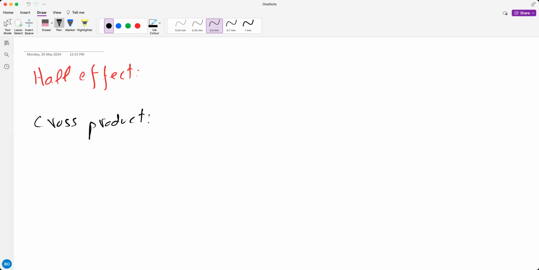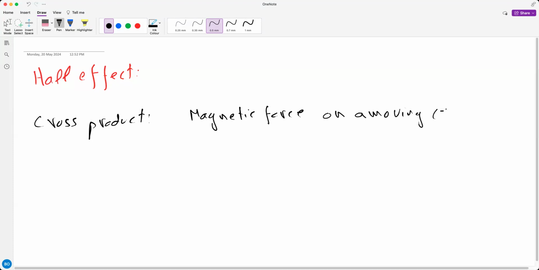I hope you remember the cross product. And the cross product, the magnetic force. Let's talk about the magnetic force on a moving charge.